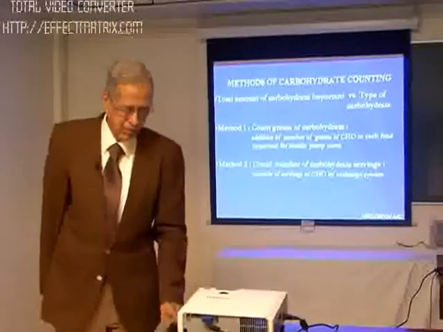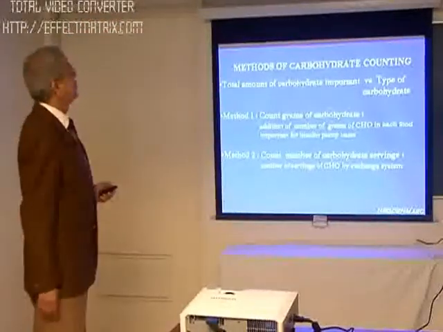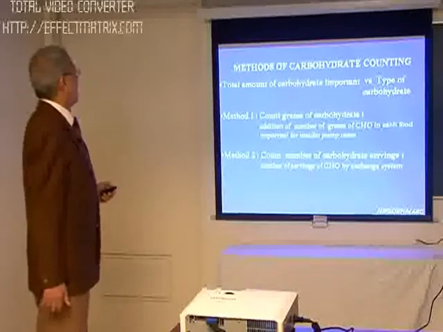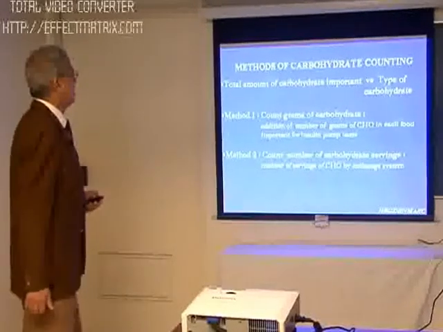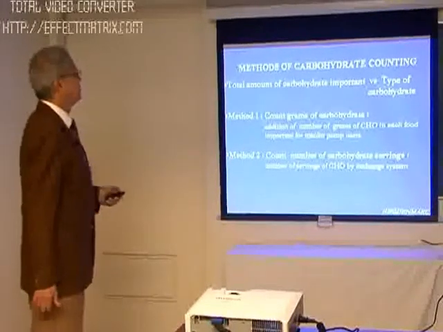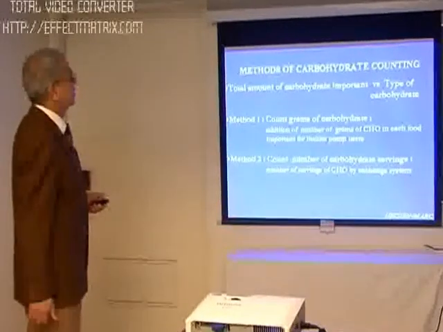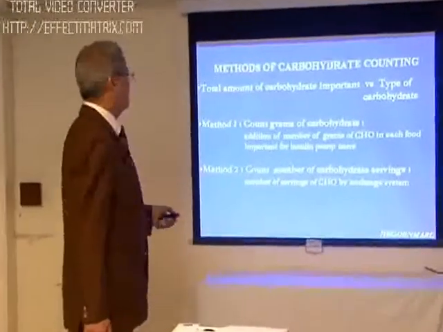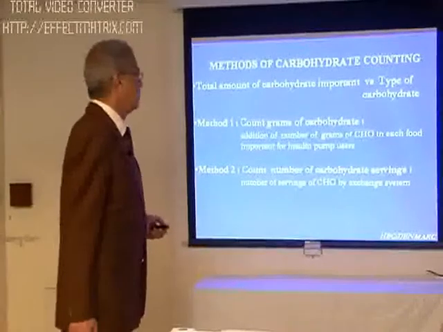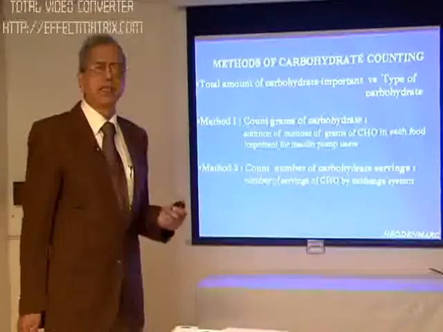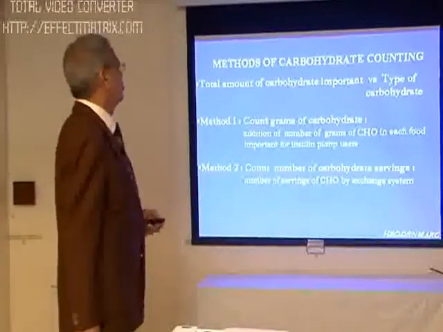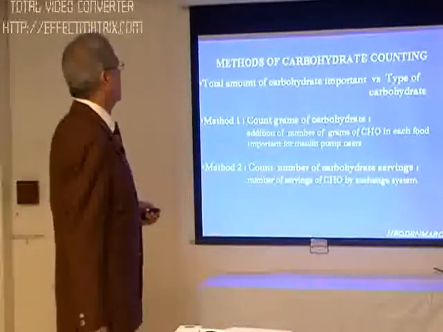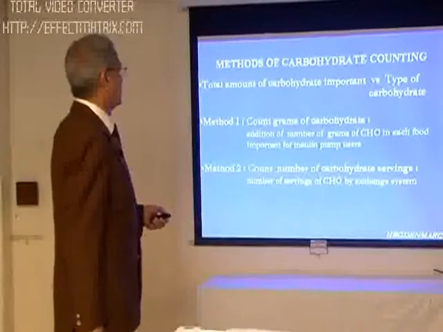We utilize two methods of carbohydrate counting. One method is you count grams of carbohydrates by using the charts that are easily available in many nutrition books. The other way is you can use the exchange system, where you see how many servings of carbohydrates are contained in a given meal, and as you know, the carbohydrate content of one serving is very well known, and therefore you easily get your carbohydrate content.